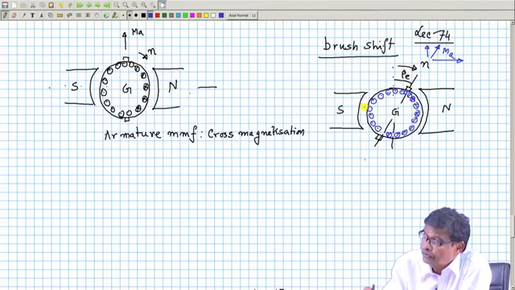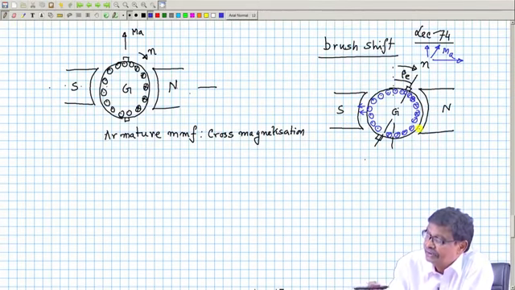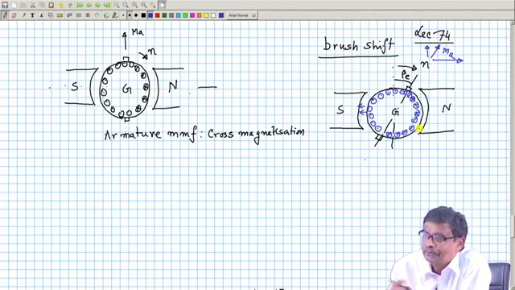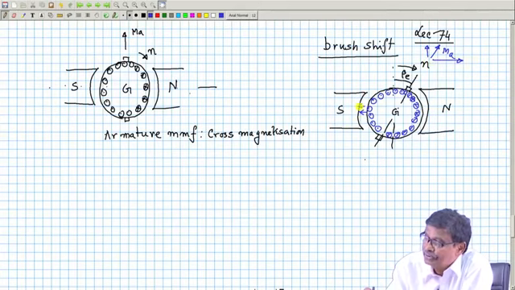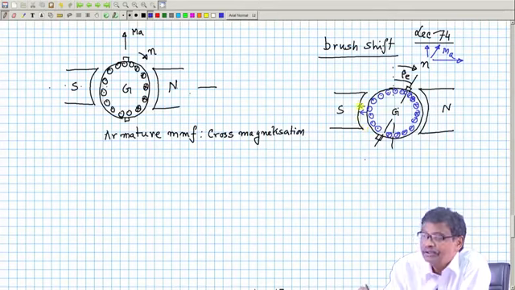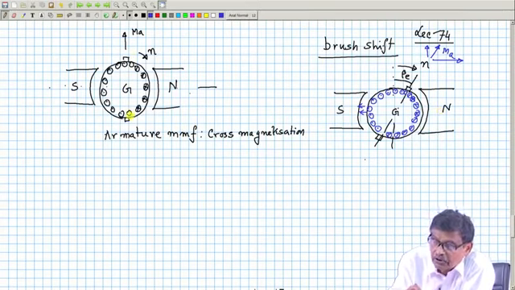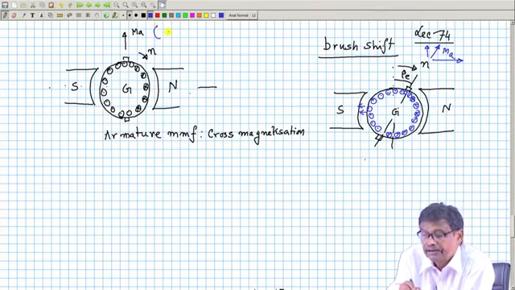Now, lines of force here, south pole, it is like this. Therefore, we find there will be a direct demagnetization now taking place. There is a component which will directly try to oppose the stator pole strength, which was not the case earlier, where all the components were quadrature.